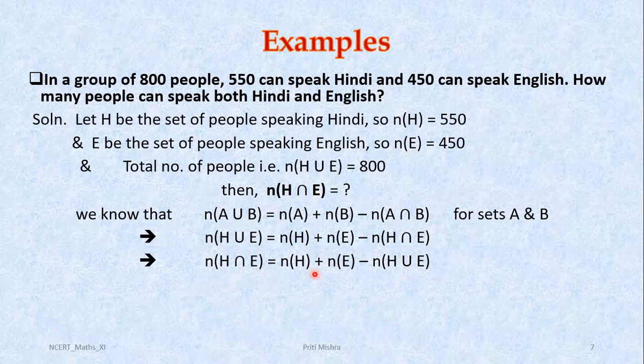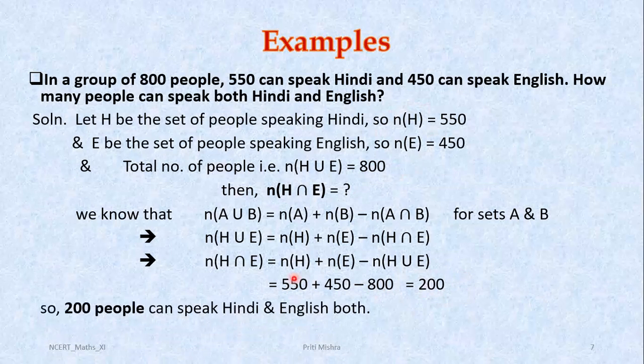So it takes the form N of H intersection E is equal to N(H) plus N(E) minus N of H union E. Now we put in all the values: 550 plus 450 minus 800 will give us 200. So this is the value of N of H intersection E, meaning 200 people can speak both Hindi and English. This is the answer.